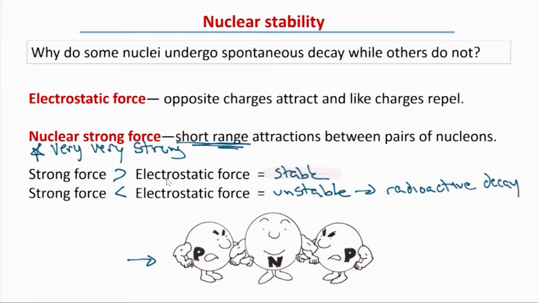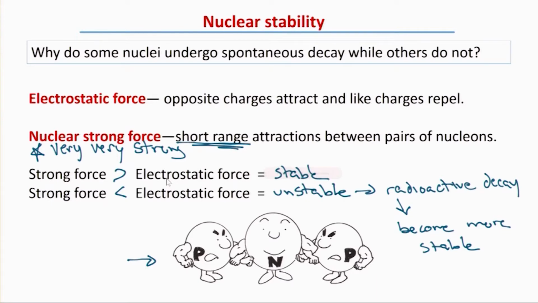This unstable nucleus would undergo radioactive decay until it reaches a more stable nucleus. So its goal is to become more stable. Those are the forces involved here.